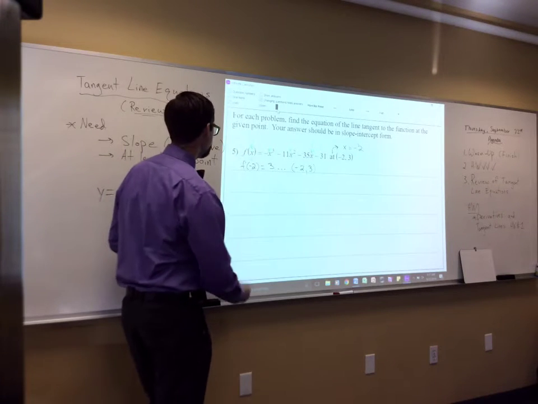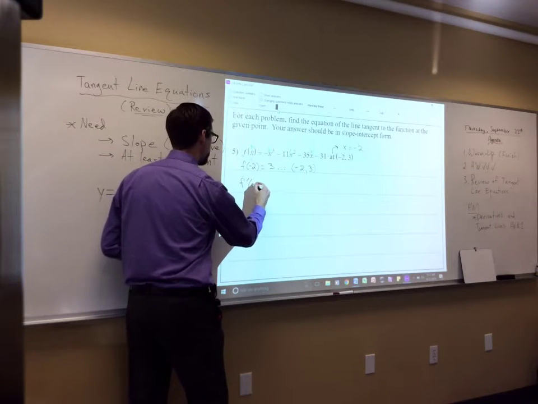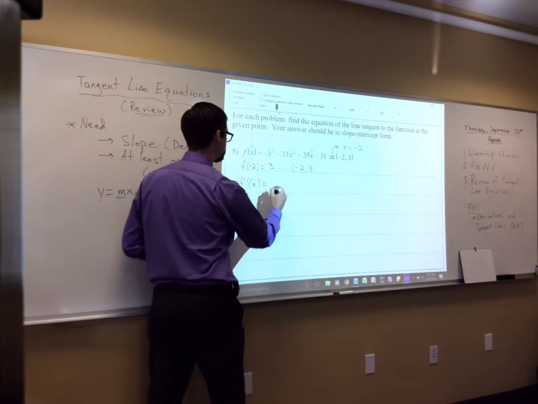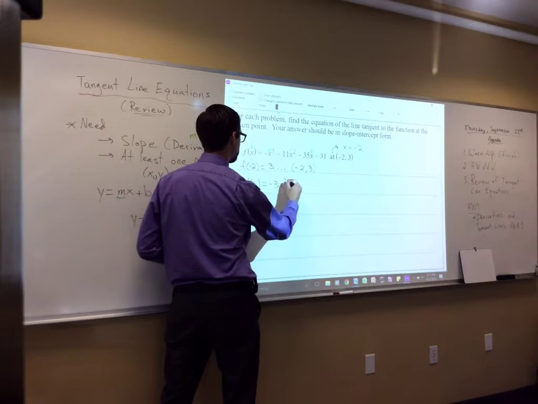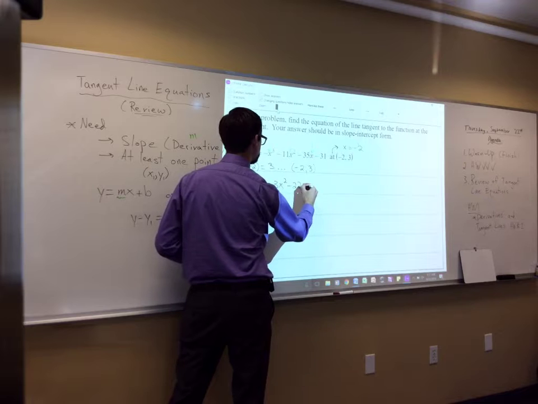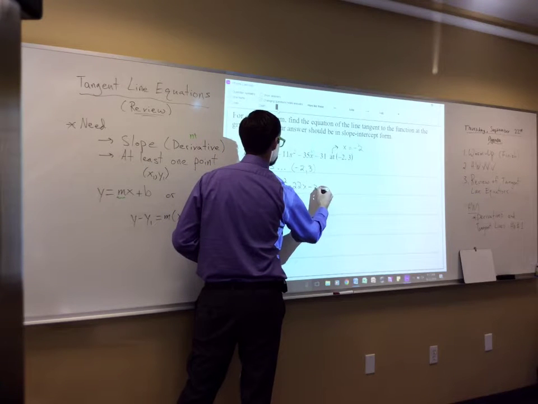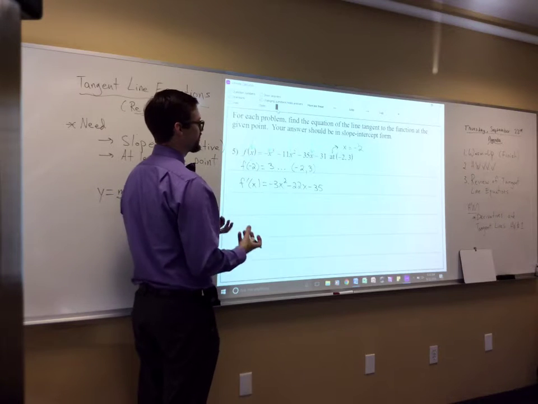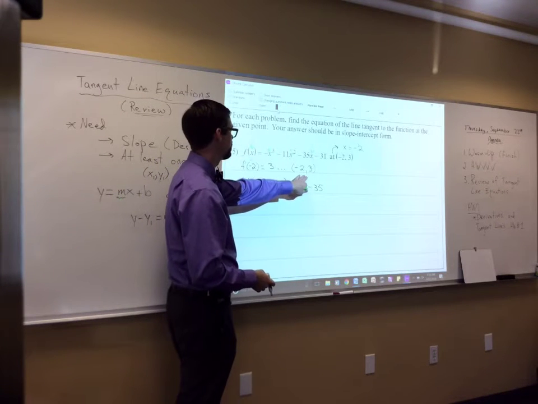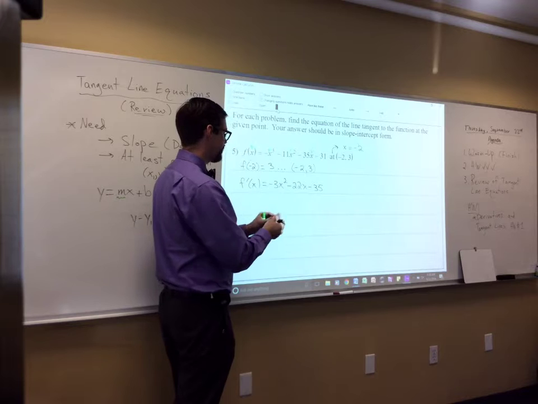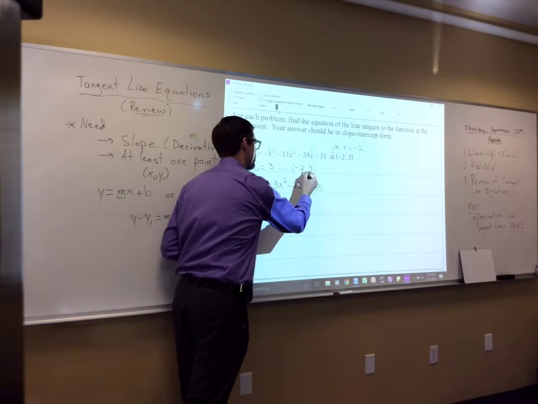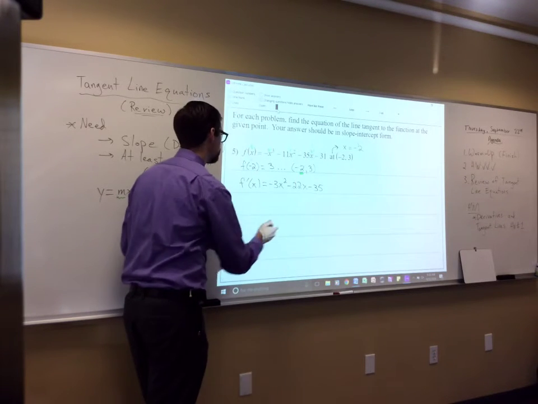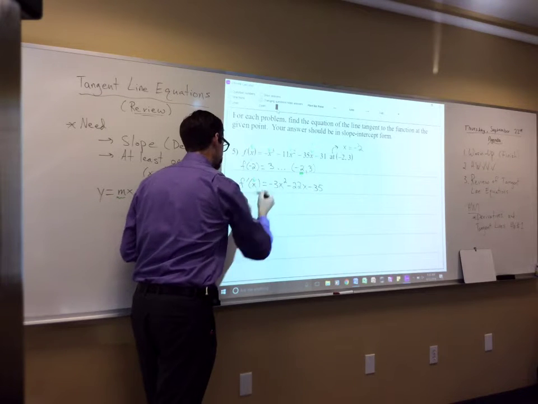Alright. The derivative, f prime of x, is going to be negative 3x squared minus 22x minus 35, and that's that. I'm actually looking for the tangent line at this point, so I have to use that x value in this function.